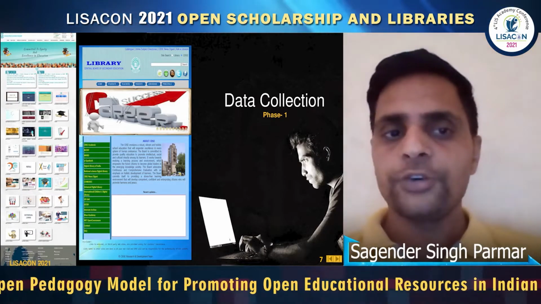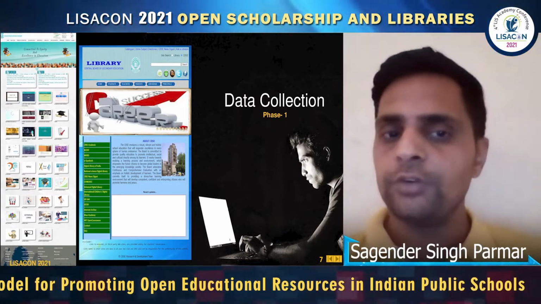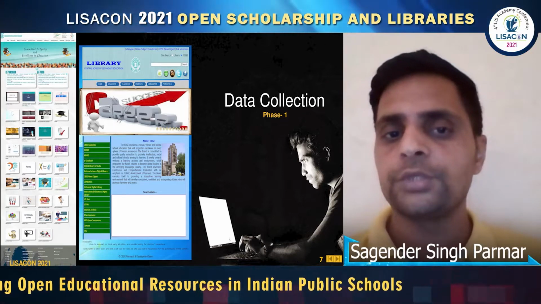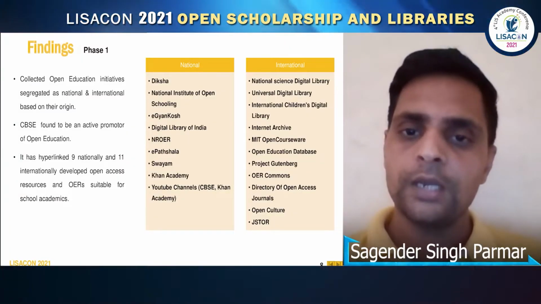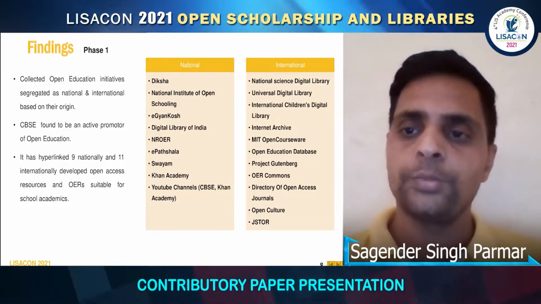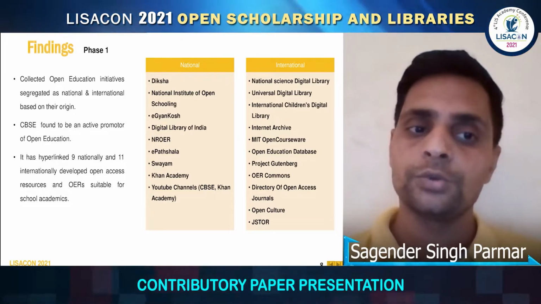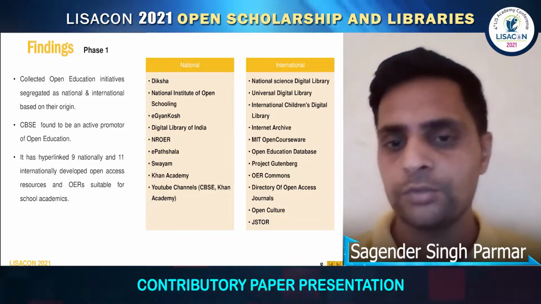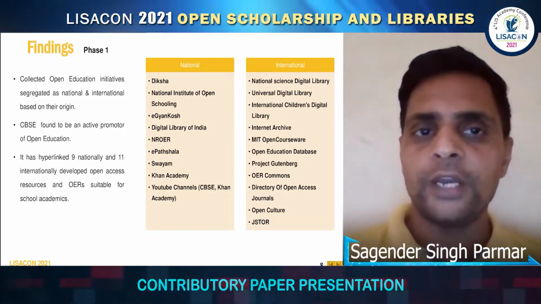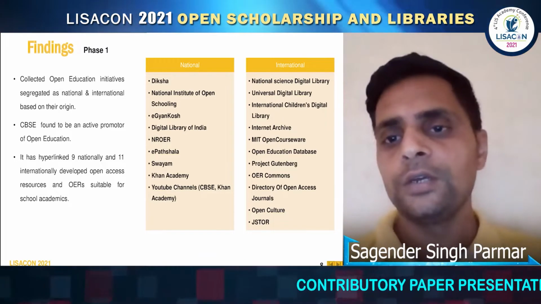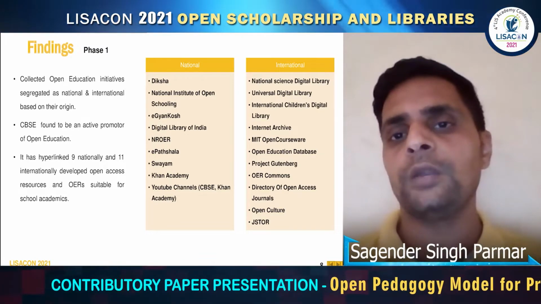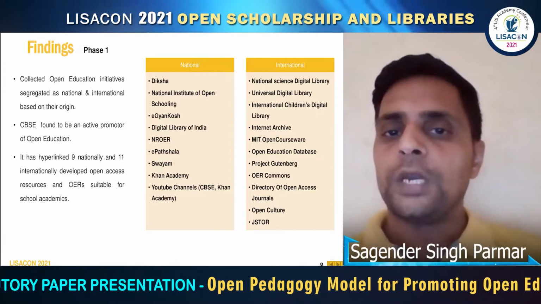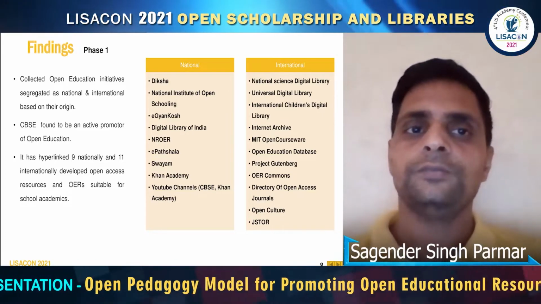So, in the first phase of data collection, which was visiting the websites of CBSE, the researcher visited these two websites and tried to collect the various open educational resources advocated by the CBSE on its website. And the finding says, you can see on the right side, the list of resources found on the CBSE main website and academic library page of the academic website, categorized into national and international.